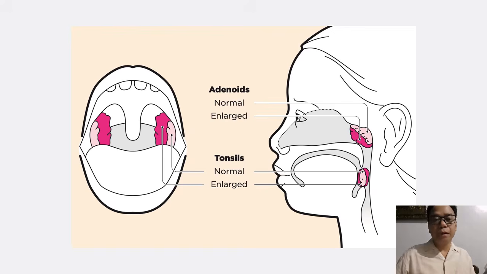So some interventions, some responsibilities that we need to do if the patient is for surgery, specifically for these two. We need to assess the patient if they have an upper respiratory tract infection, if they are coughing, if they are sneezing. Because coughing and sneezing post-operatively may cause some bleeding in our patient.